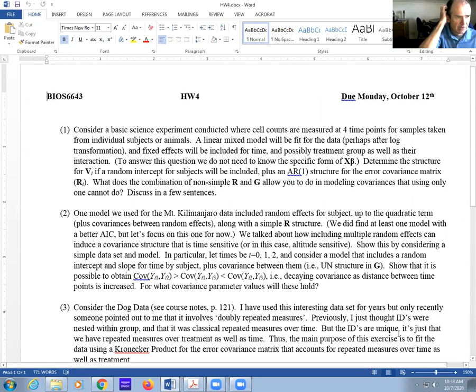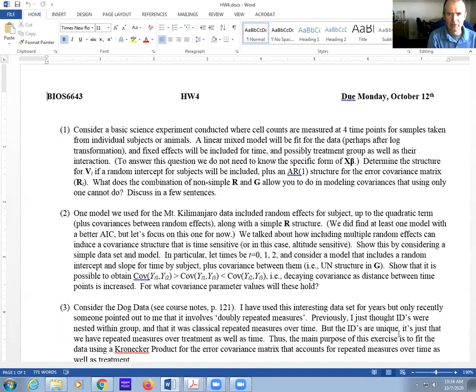So consider a basic science experiment. I do a lot of this research because of where I work. We do a lot of basic science research here, where cell counts are measured at 4 time points from samples taken from individual subjects or animals. A linear mixed model will be fit for the data, perhaps after log transformation.